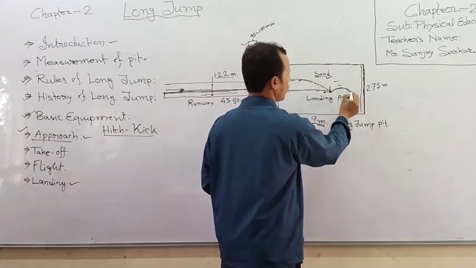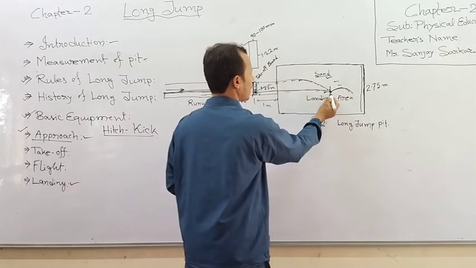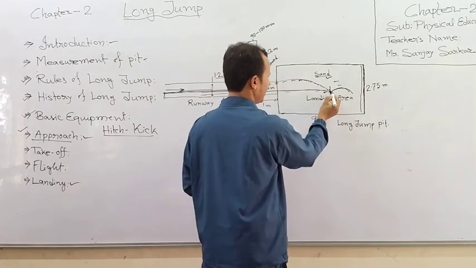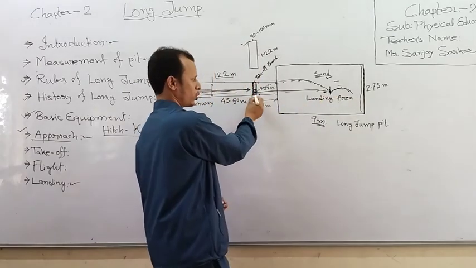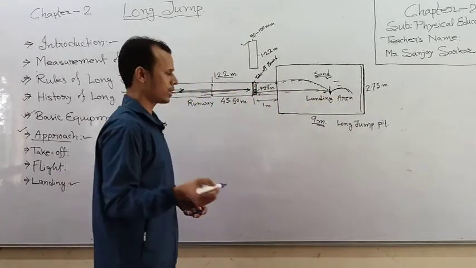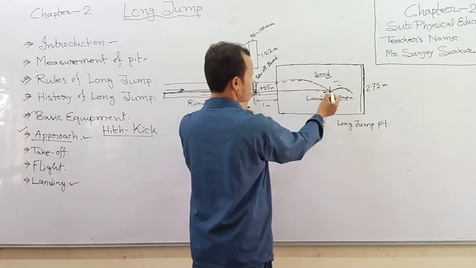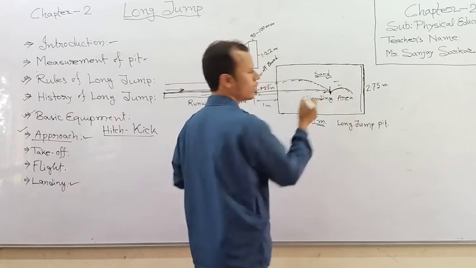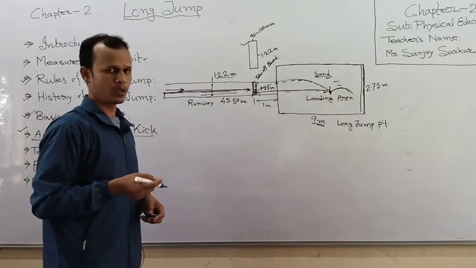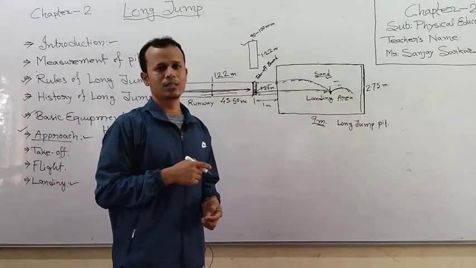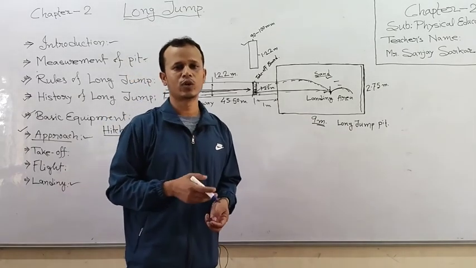Our measuring point will be at the takeoff board, and the zero point of the tape will be placed here, and then we measure the distance covered by the candidate or athlete. So, students, this is the little information about the long jump.